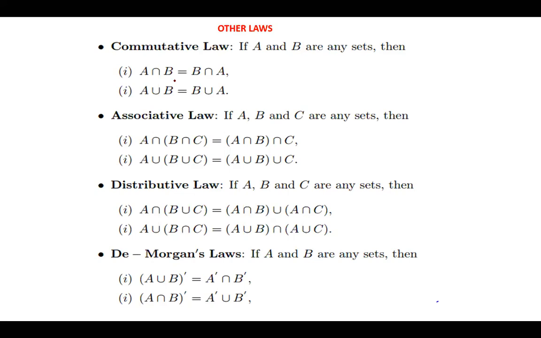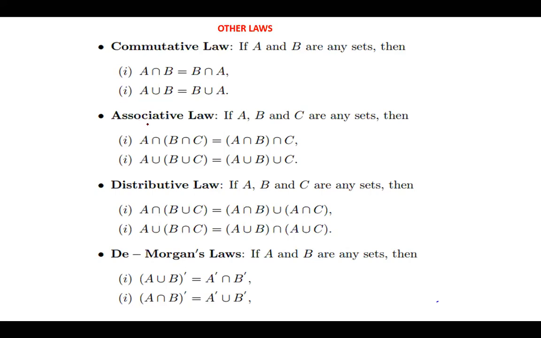So when you talk about commutative, we're simply saying whether you change the letters, whether you start with A intersection B or with B intersection A, you still get the same answer. So A intersection B is just the same as B intersection A. A union B is just the same as B union A. Same applies to associative.